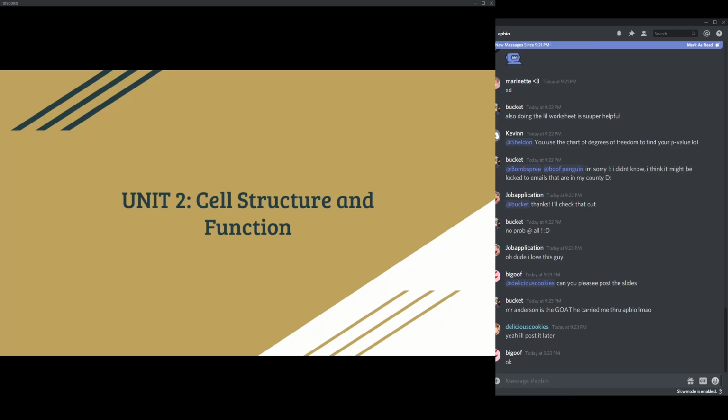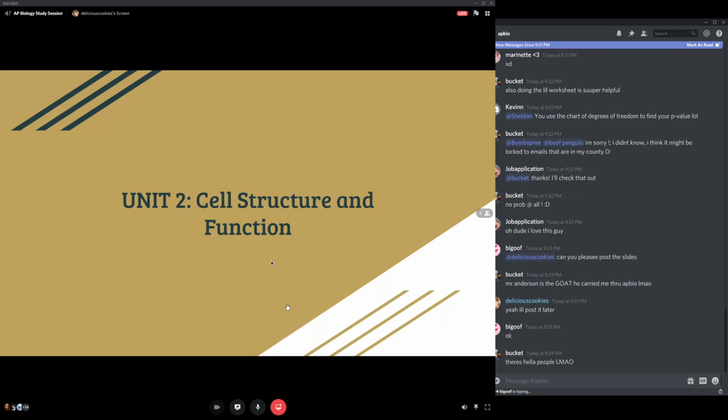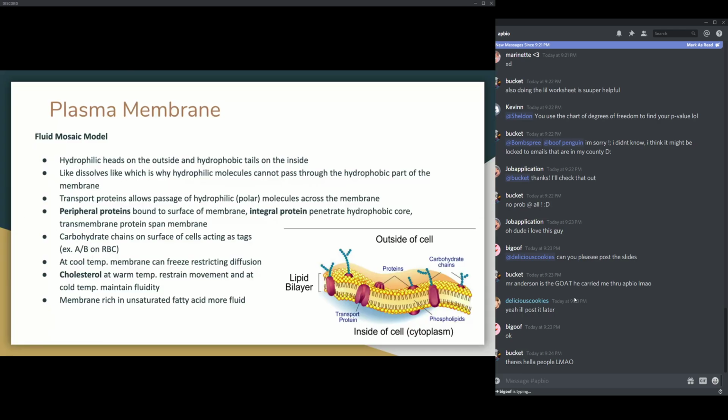And the thing is, I didn't make any slides on the organelles specifically, just because you can easily memorize those. And so the plasma membrane, first, is based on a fluid mosaic model, which means that you have hydrophilic heads on the outside and hydrophobic tails on the inside.